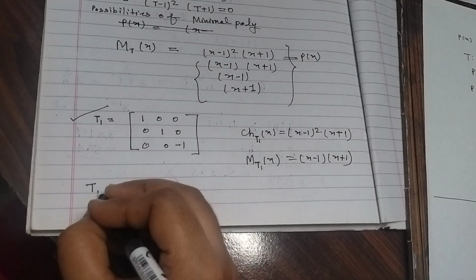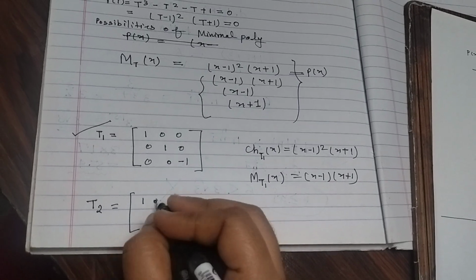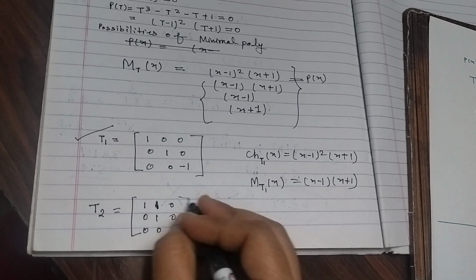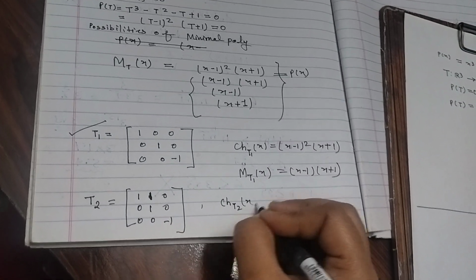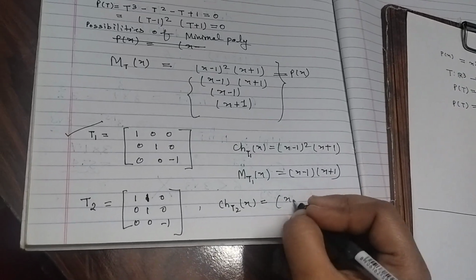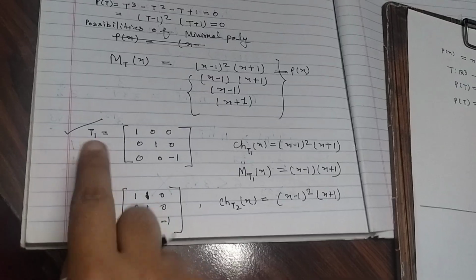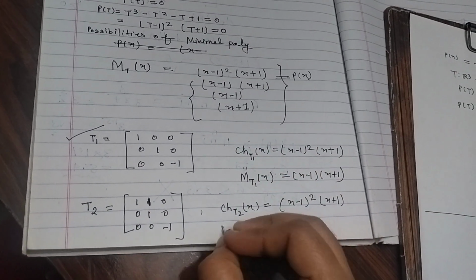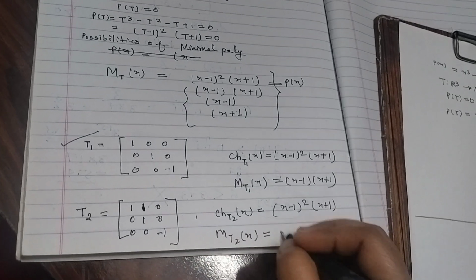I am taking another matrix T2 with rows (1 0 0), (1 1 0), (0 0 -1). Its characteristic polynomial is (x - 1)^2(x + 1). Both T1 and T2 have the same characteristic polynomial, but T2 has a different minimal polynomial.